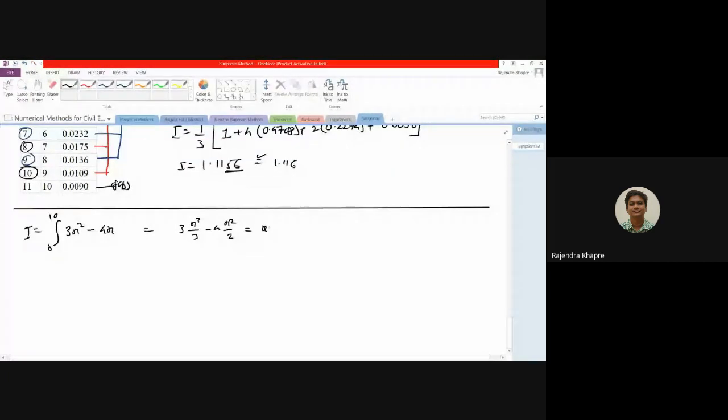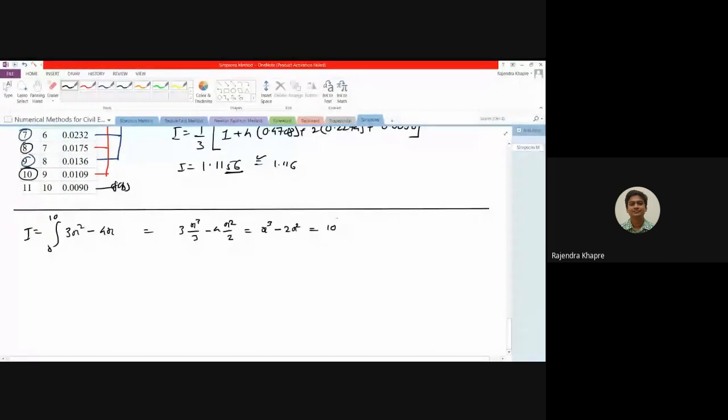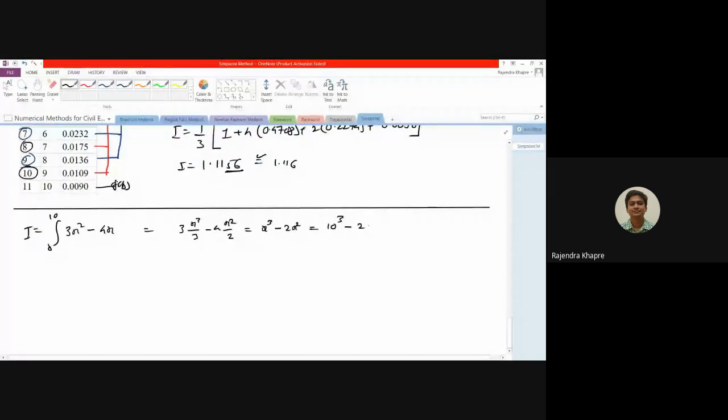So this will be x cube minus 2 times x square, with the limits 0 to 10. So this is 10 to the power 3 minus 2 into 10 square. How much will it be?